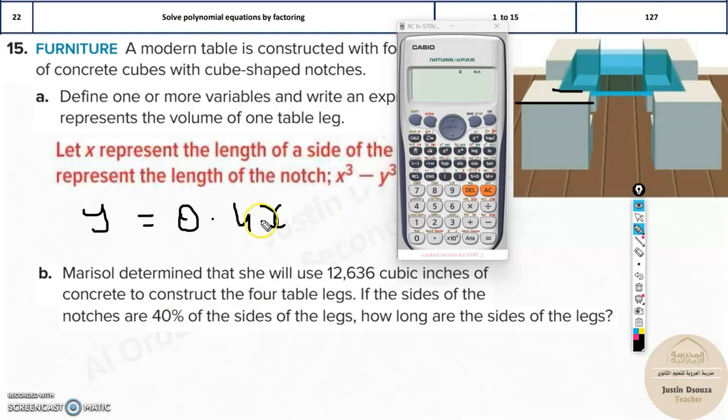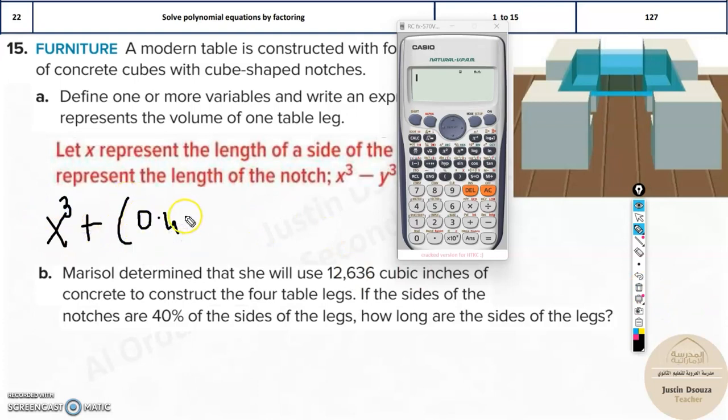So y equals 0.4x. Now the new equation would be x cubed plus, I'll tell you why it's plus in a minute, 0.4x, the whole cubed, must be equal to what?